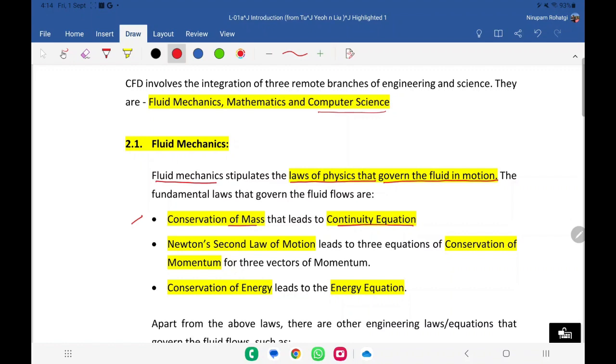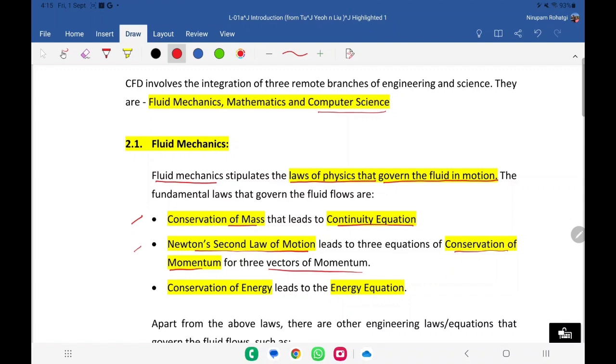The equation which you write using conservation of mass is called the continuity equation. Then you have Newton's second law of motion. Now when you apply this, what you get is conservation of momentum. Now there are three equations for conservation of momentum, because momentum is a vector. So you have three directions, x, y, z. You will get three different equations.